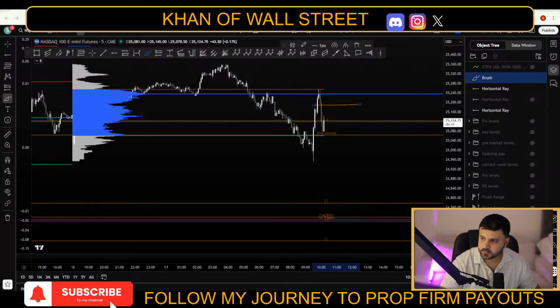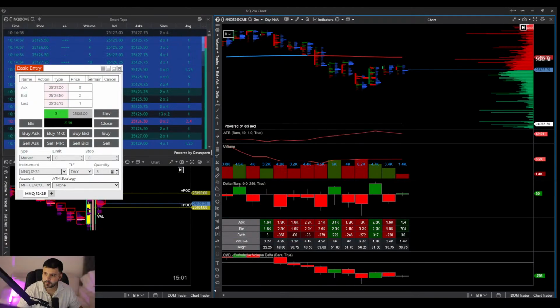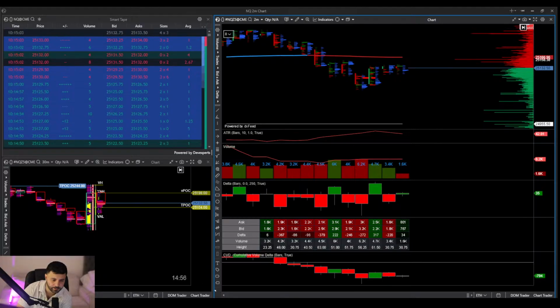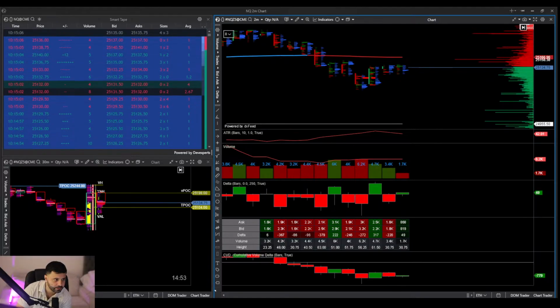The shorts are starting to reload. A lot of tape. You see the green tape? Look how many bulls are coming in, stepping in here.